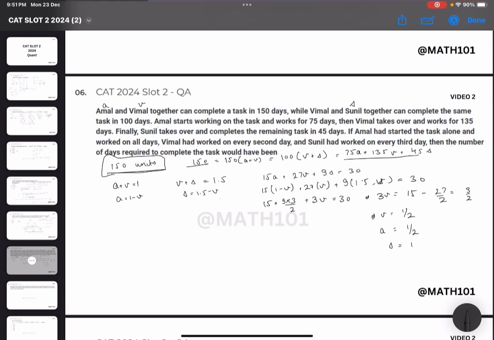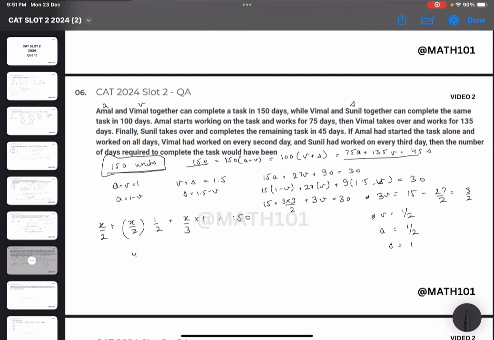If Amal has started the task alone and worked on all days, let x be the days required to complete the work, then x upon 2 plus Vimal worked on every second day, so x upon 2 days he worked, half unit of work on each day, plus Sunil on every third day, so x upon 3 into 1 unit of work per day, should be equal to 150.